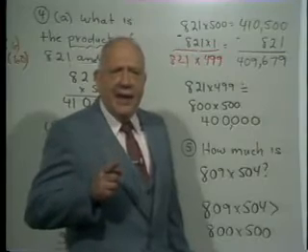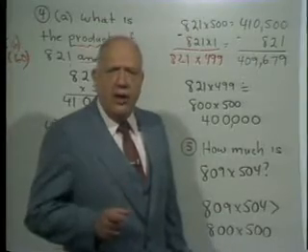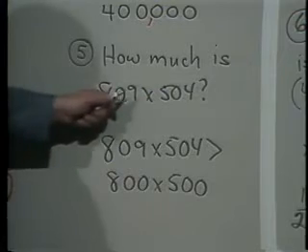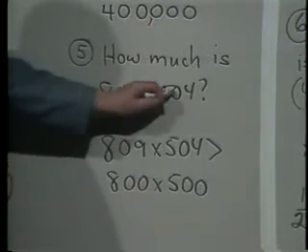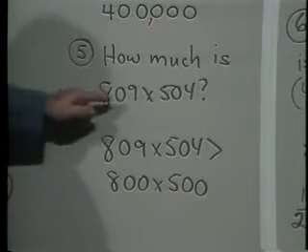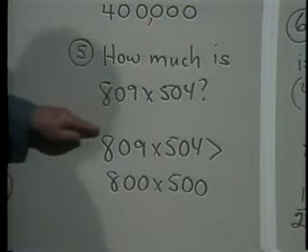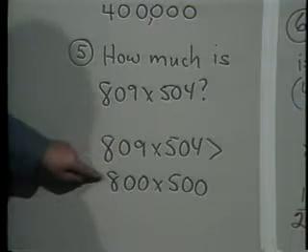And that can guard against making some very serious mistakes, as I tried to show you in the next exercise. The next exercise says, how much is 809 times 504? People sometimes have trouble keeping track of zeros. I'm going to show you an easy way to do this. Before you even start this problem, you say, look, 809 times 504, whatever the right answer is, 809 is a little bit bigger than 800.